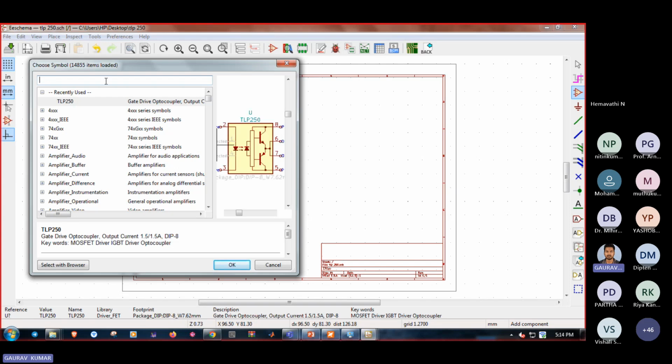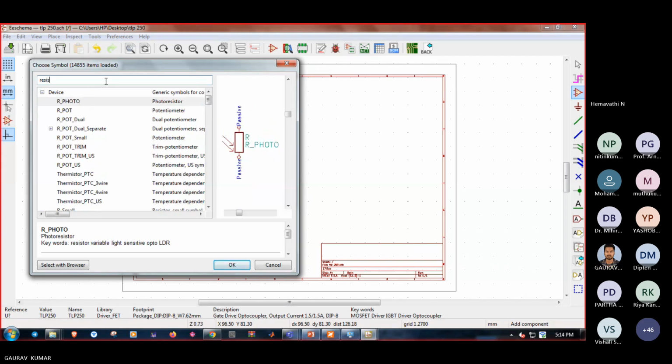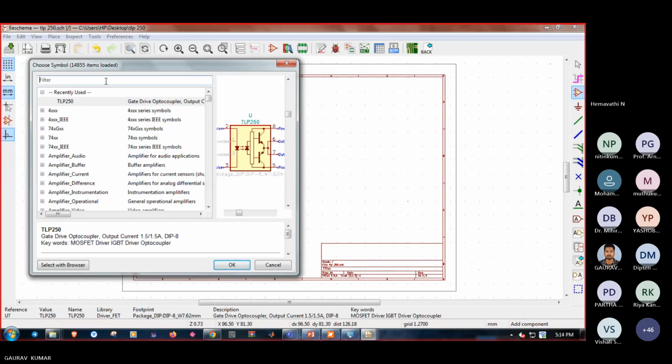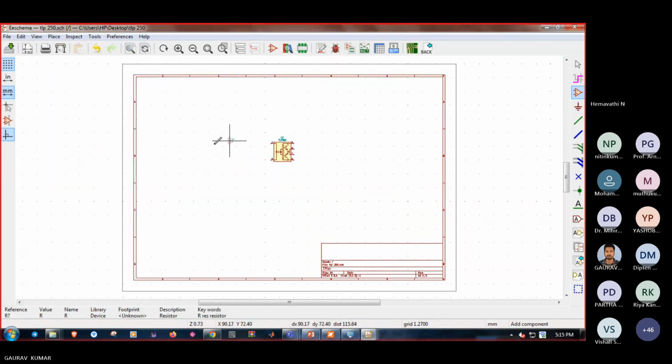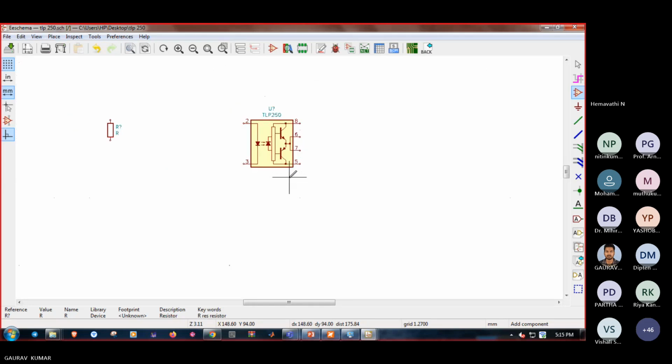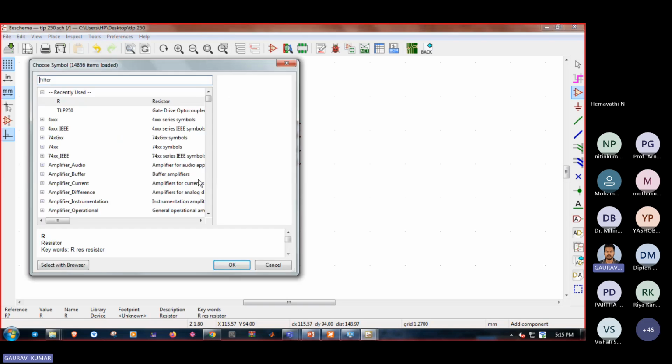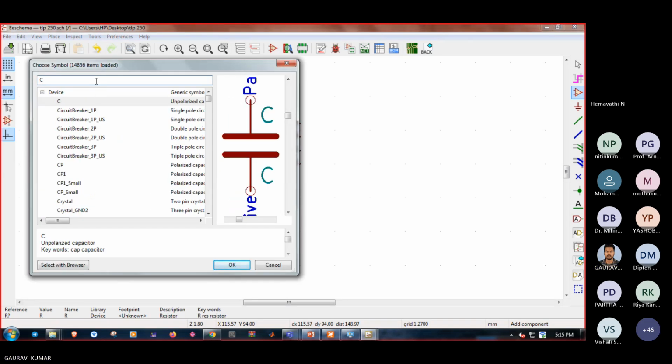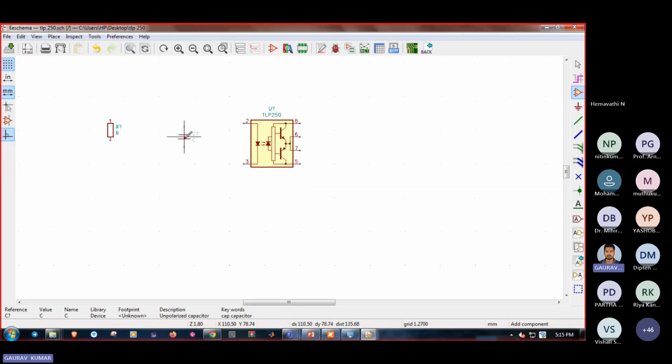Then again you have to go. You need some resistances also, so we write resistor. You just put R, then it comes automatically. Now we want some capacitors also, so we type C. We want both polarized capacitors and unpolarized capacitors. First we click on the unpolarized capacitor and take it.